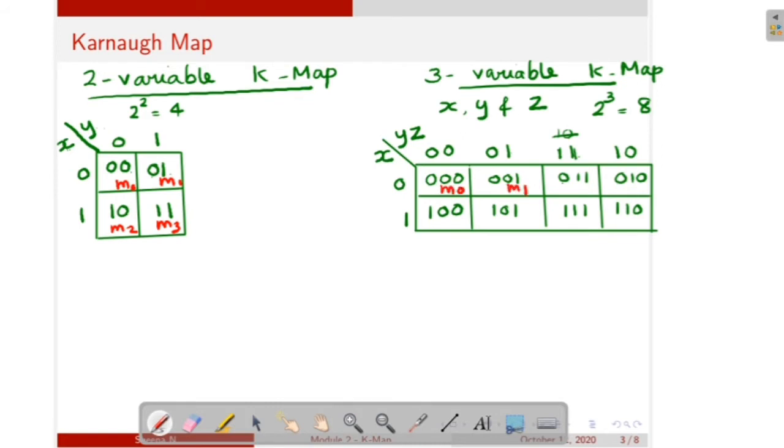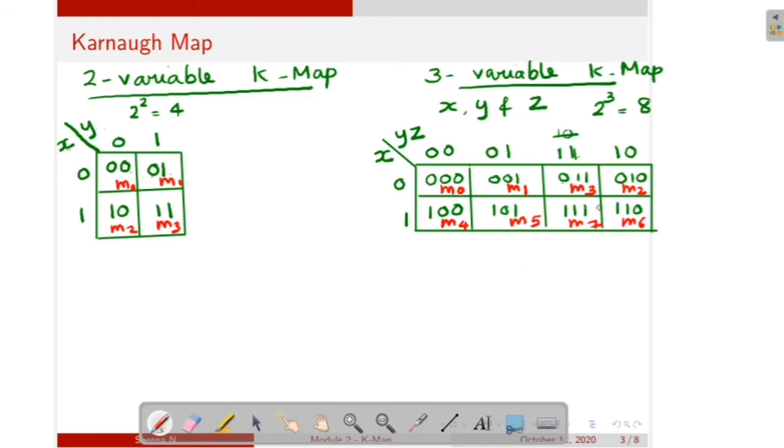This one is M1. 011 means 3, so that is M3. 010 means 2, that is M2. Here it is M4 and here it is M5. 111 means M7 and 110 means M6. So this is the order of writing the minterms in the squares.